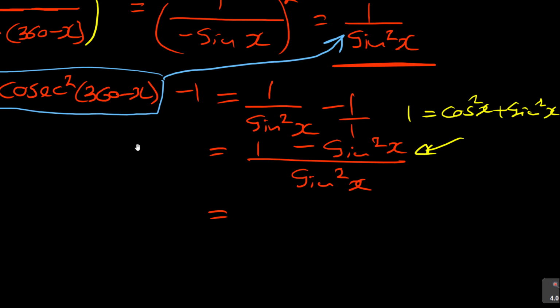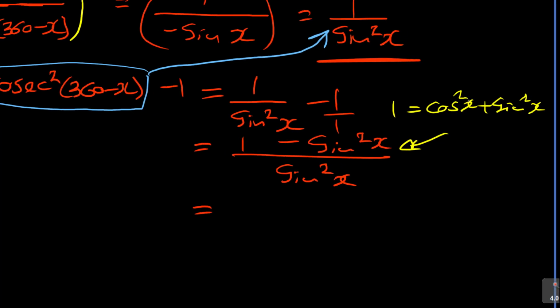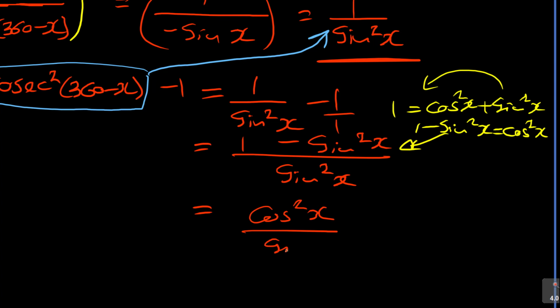I'm just working now backwards. So if I take sine squared to the other side, it will be 1 minus sine squared x is equal to cos squared x. So you can see that this is actually cos squared x over sine squared x.